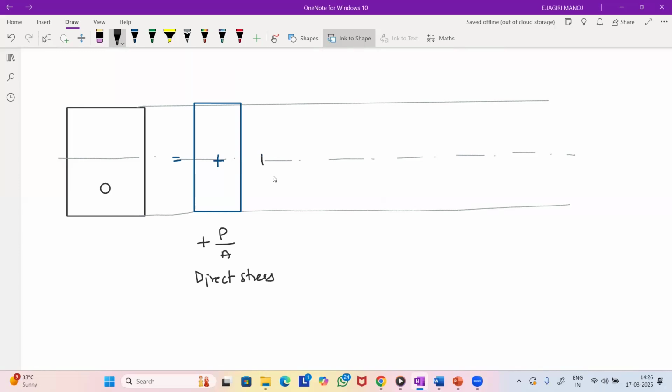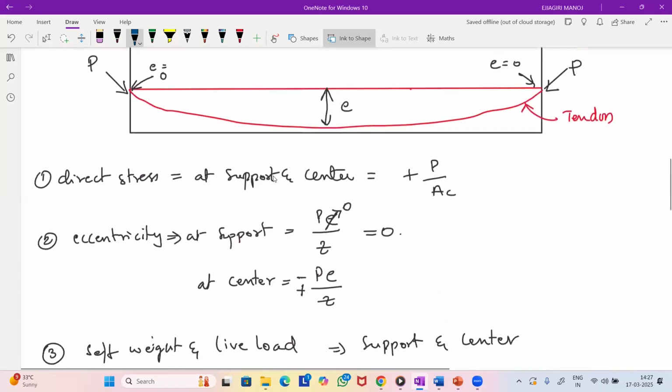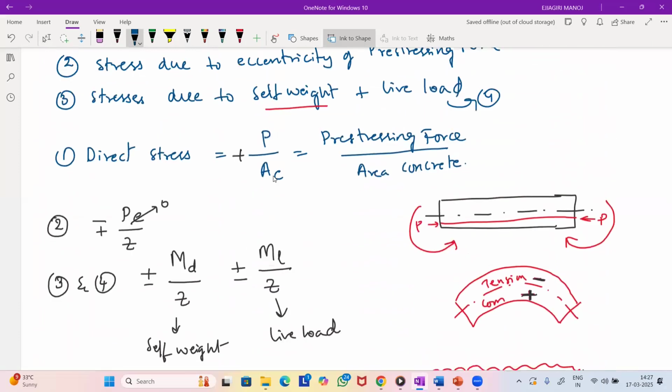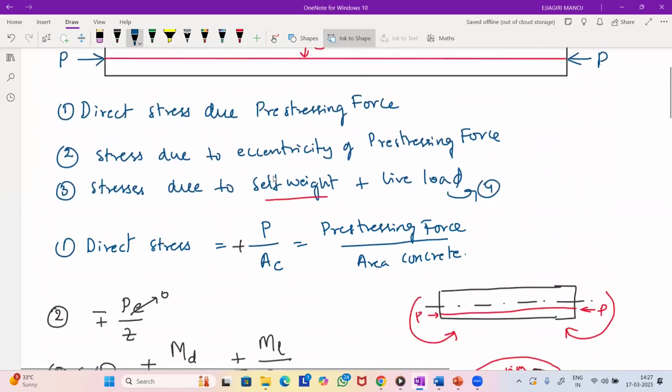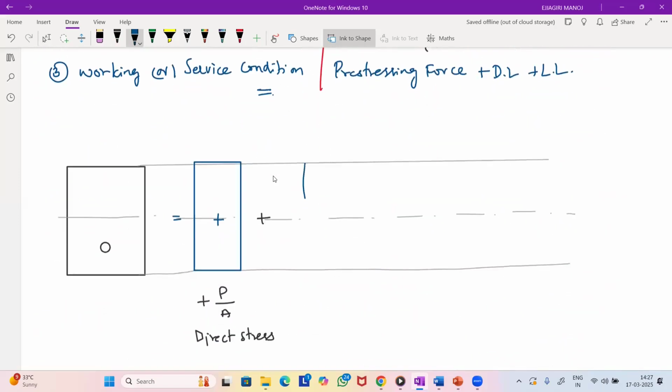Now we have the stress due to the eccentricity of the tendon, and it will be negative above the neutral axis and positive below the neutral axis, right? So draw a straight line. Here I'm representing negative on the left side and positive on the right side. That is up to you.